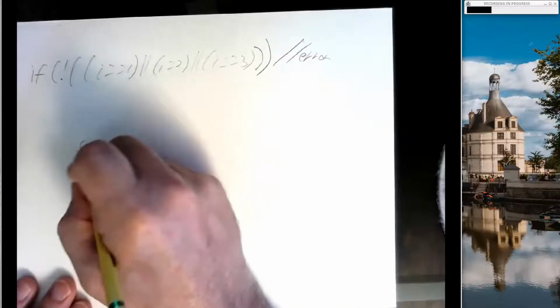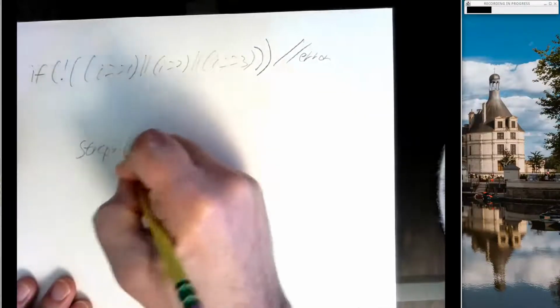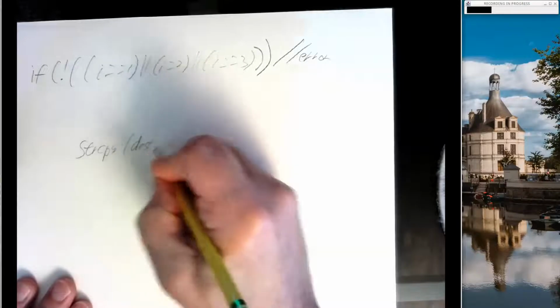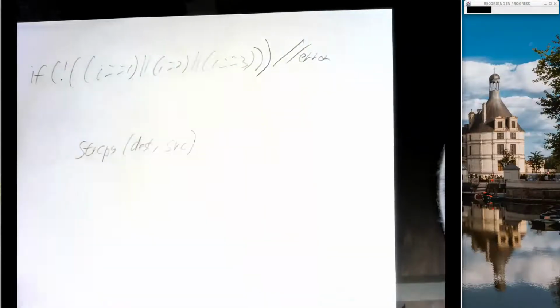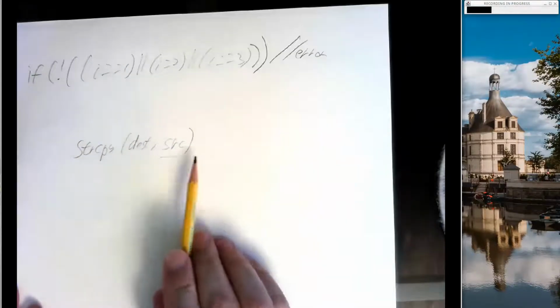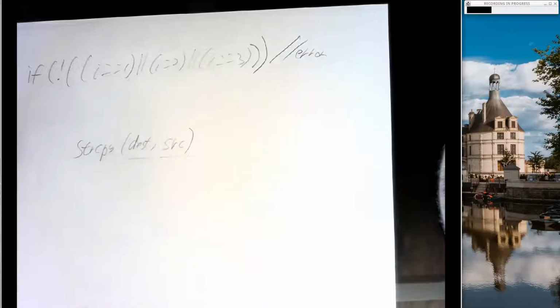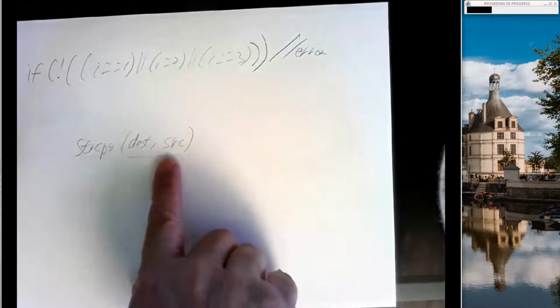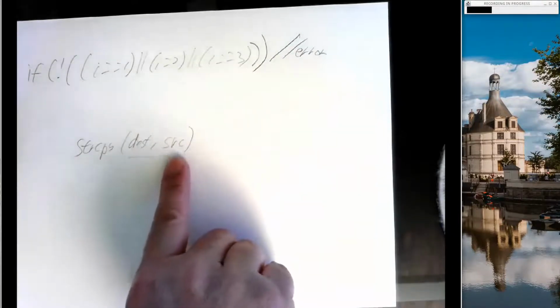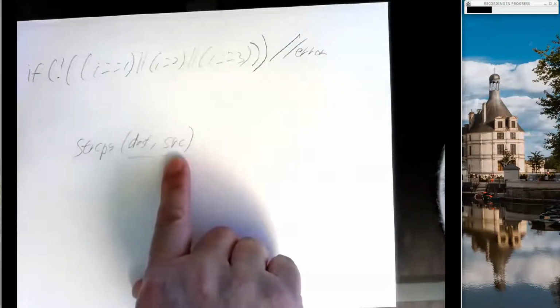So string copy is pretty unsophisticated. It just takes 2 null terminated strings, and it copies this entire string into that entire string. If you're trying to use that to break up a string, you have to start playing around with using indices and ampersands on here, or injecting null terminators into here, or something like that.